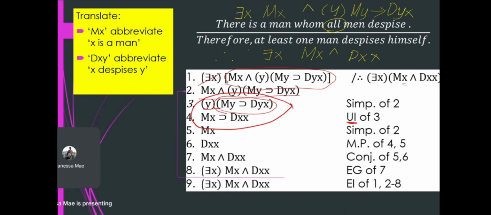This was done because we needed the expression DXX. To obtain that, we needed to change the variable.